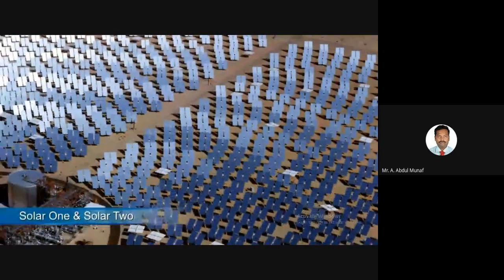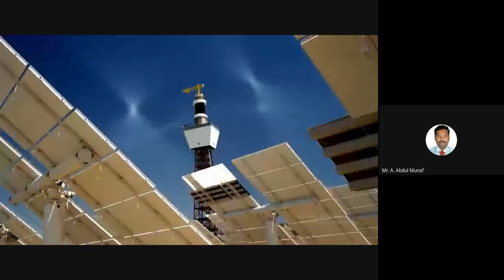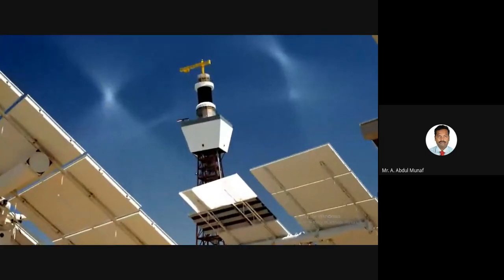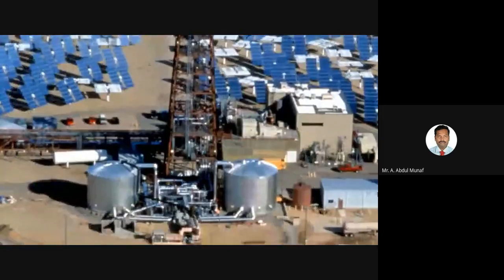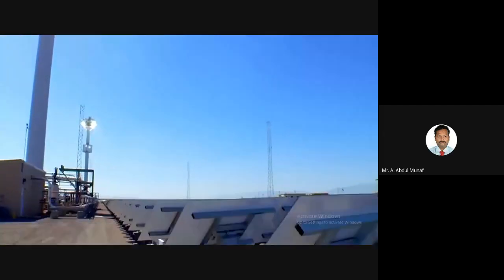In the 1980s and 90s, U.S. Department of Energy projects in California demonstrated that power towers could collect and store heat to generate utility-scale electricity 24 hours a day. And today, power towers continue to build a clean energy economy.